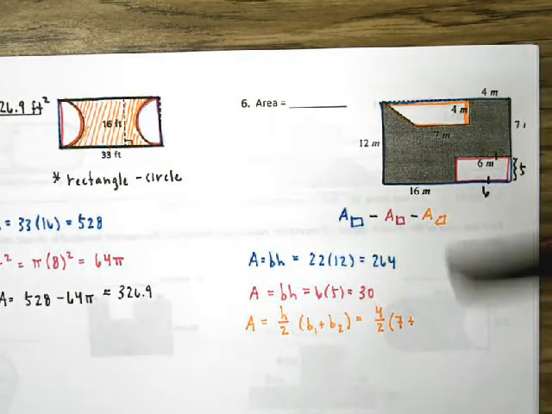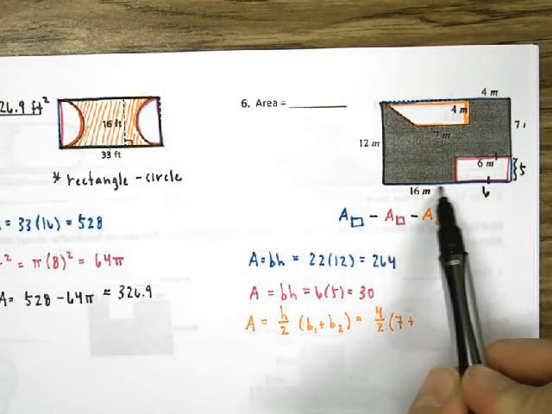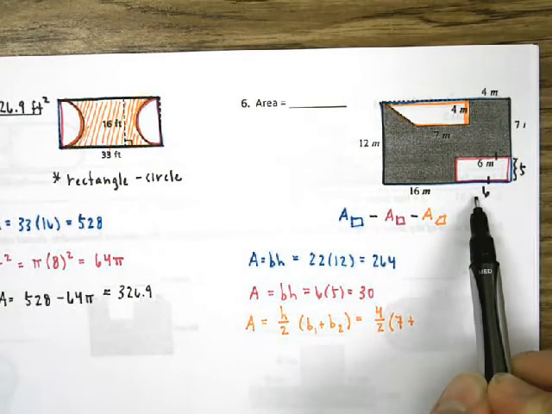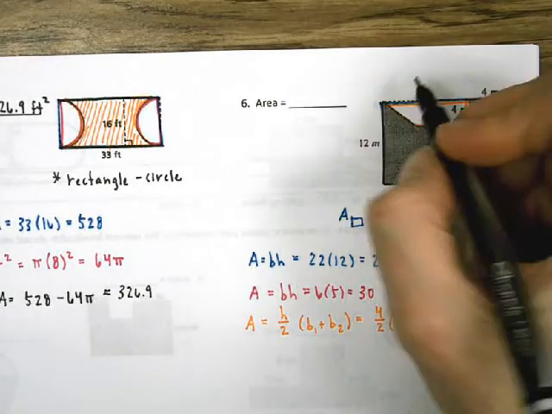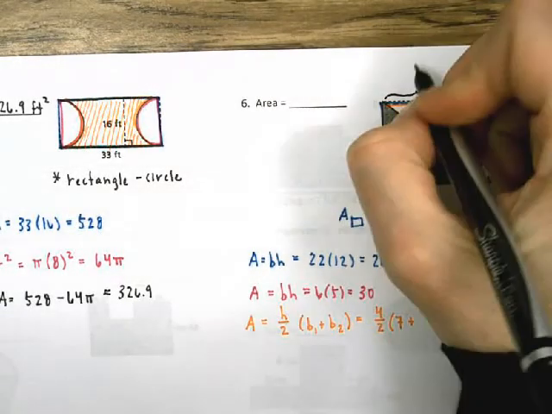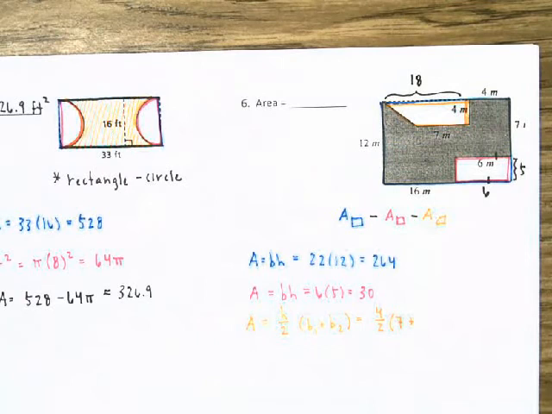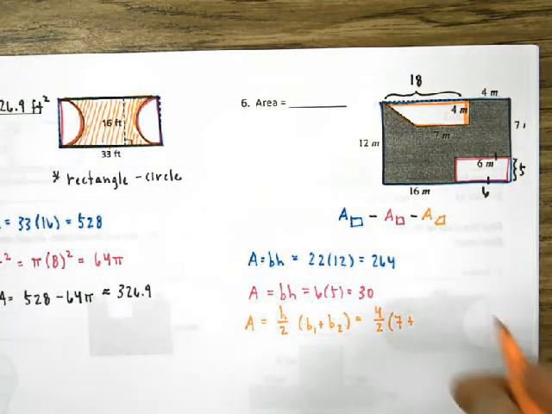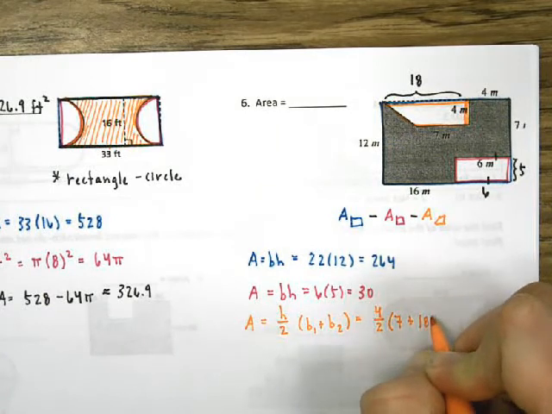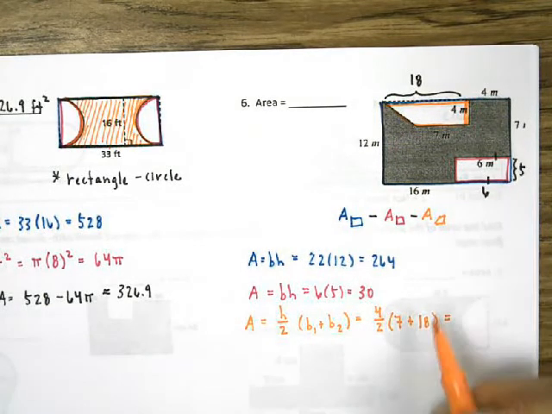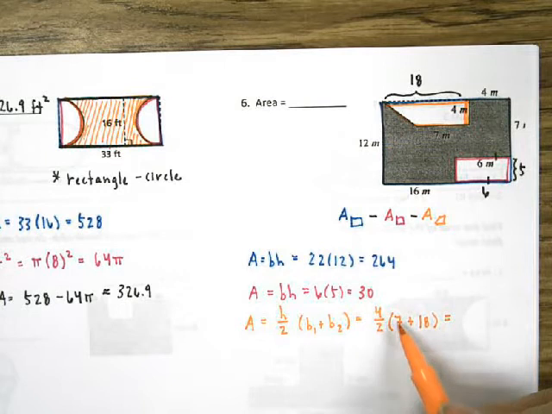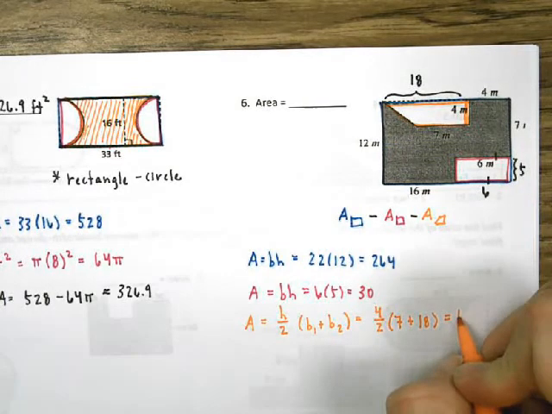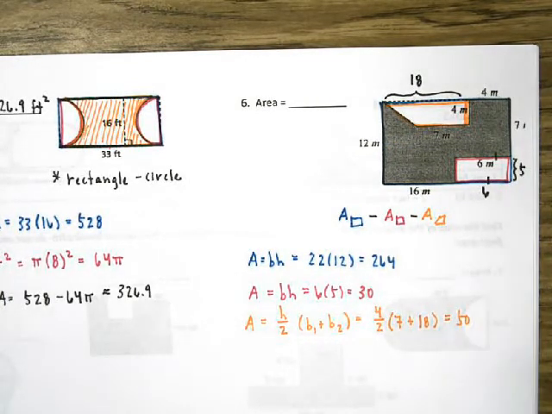I know that this side of my big rectangle is 22. So if this piece is 4, 22 minus 4 is going to give me 18 for that remaining piece. So base 2 is going to be 18. If I add that up, I have 25. That's times 2, and that gives me an area of 50.